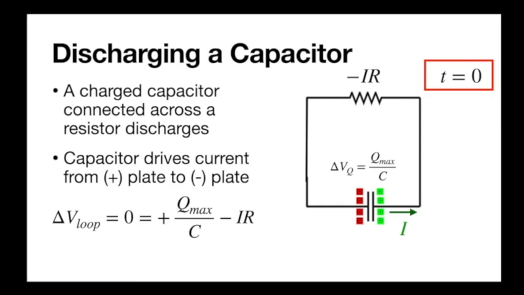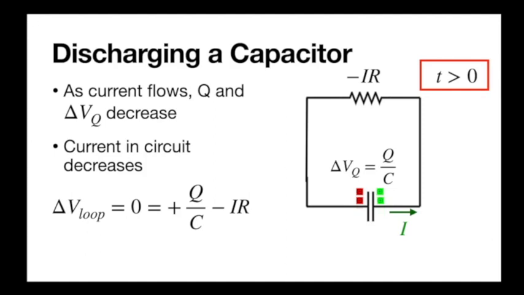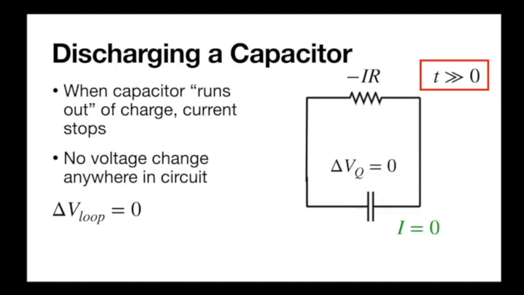The current is going down to 0, so the voltage across the resistor is going down to 0, and the charge difference is going down to 0, and so the voltage across the capacitor is also going down to 0. And so we get an exponential decay behavior as well. At some time later, Q is decreased, I is decreased, and then finally Q goes to 0, and so I must also equal 0.